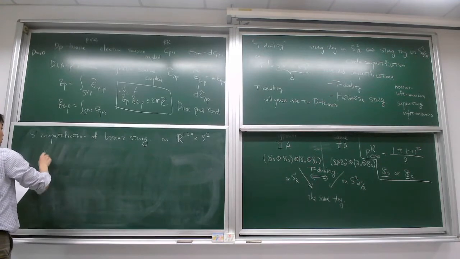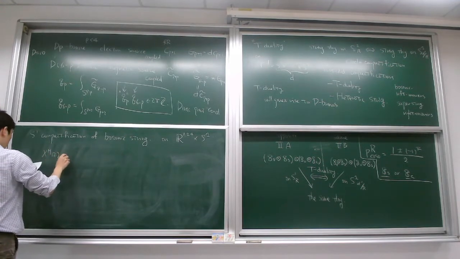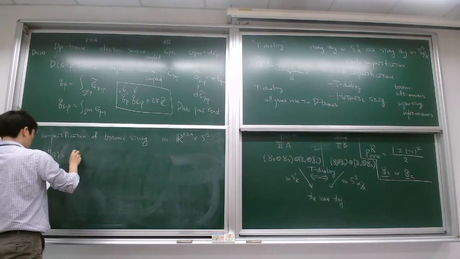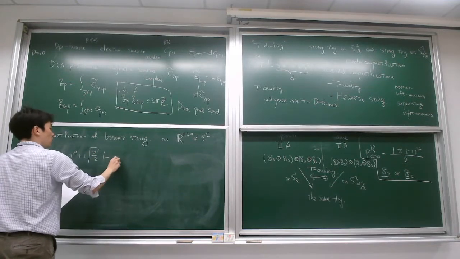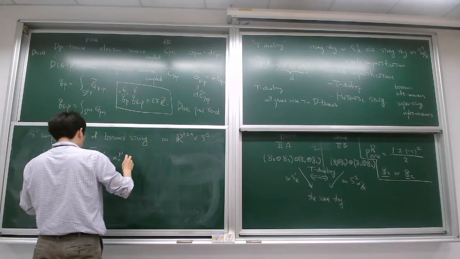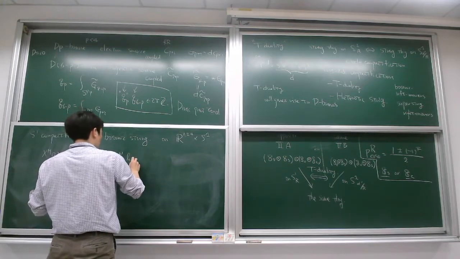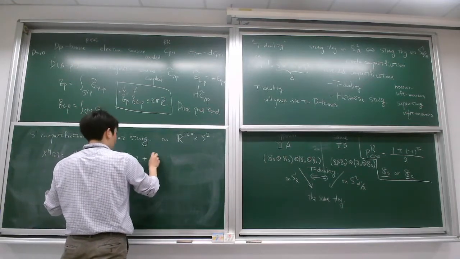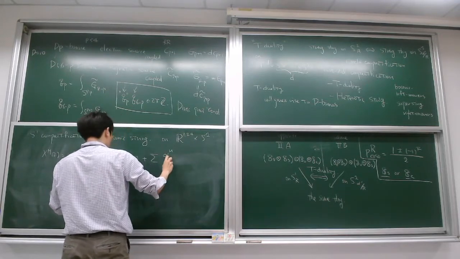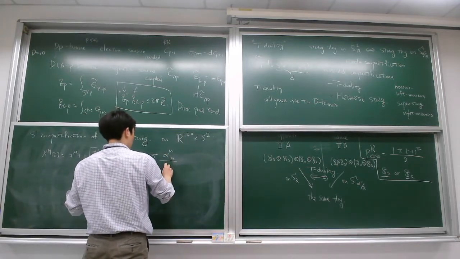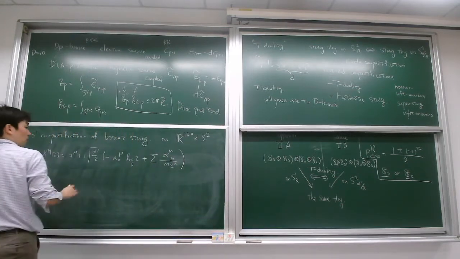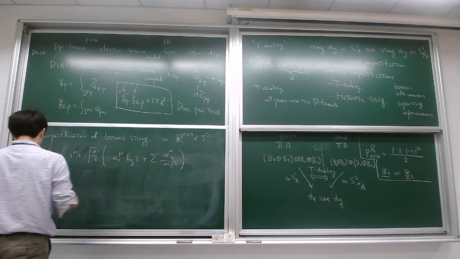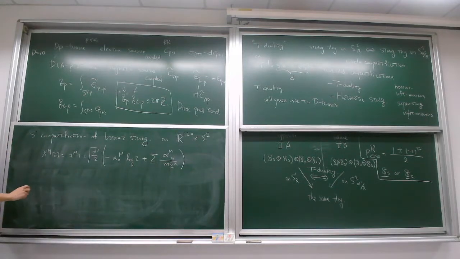So X^mu(z) is equal to the mode expansion for the bosonic string. We have a mode expansion for the holomorphic sector, and the anti-holomorphic sector is the same.